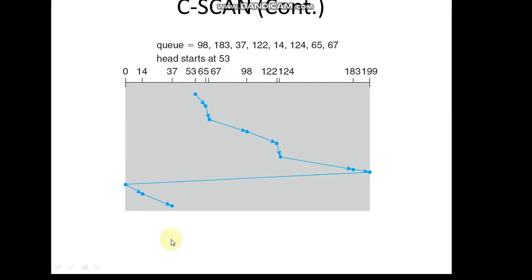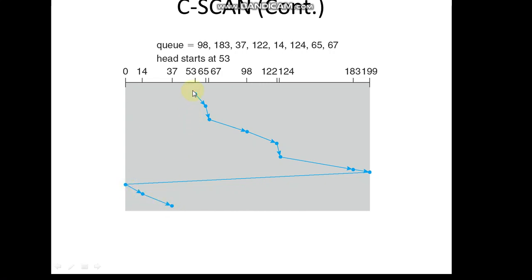Whereas here it's moving circularly. You can observe it has started towards the right hand side. While going towards the right hand side, it services the requests, and once it reaches the end, when it is moving back towards the left, it is not servicing requests on its way. It will directly move from the end of this cylinder to the beginning, that is from 199 to the 0th cylinder directly, and from there it again starts servicing.